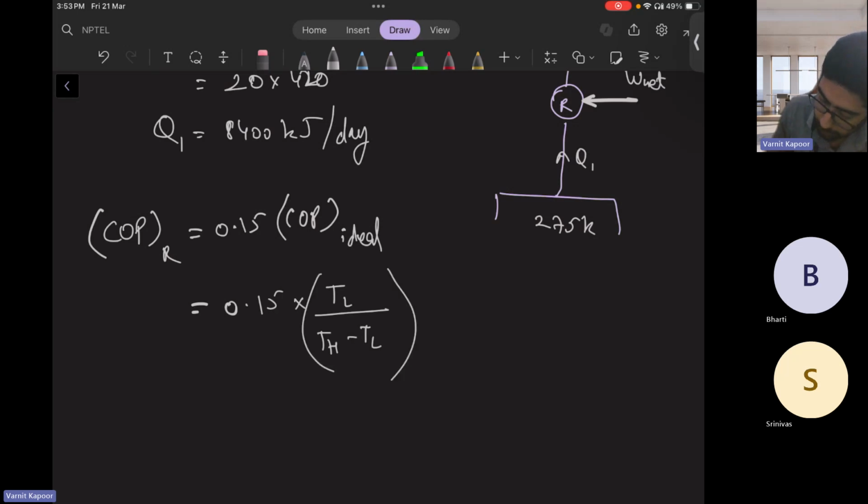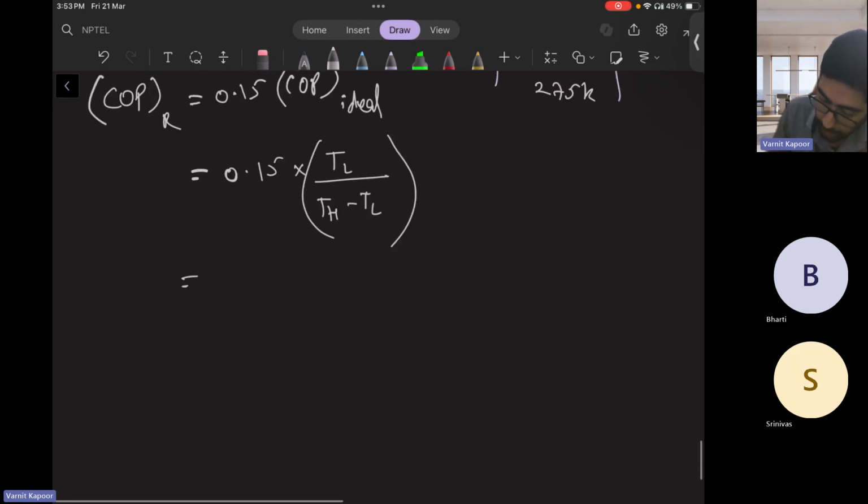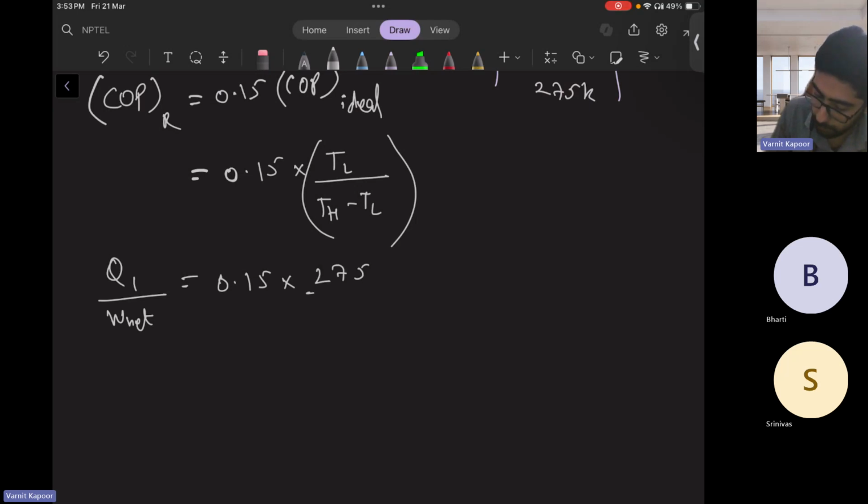In the case of a real refrigerator, it is whatever heat you want to extract, that is Q1, by the work net. What is T lower given to us? That is 275. What is T higher? It is 303 minus 275.